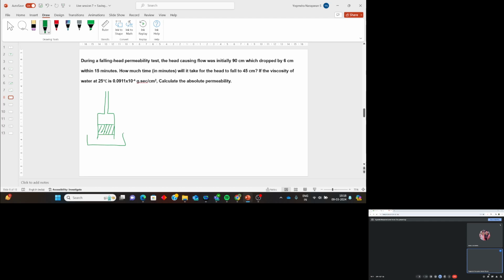Now let its thickness be L. And this is the area of cross section, which is denoted by capital A. Right.